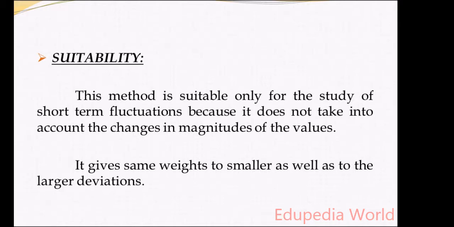Even now, of course, it doesn't give you an answer equal to that of Karl Pearson's coefficient of correlation or Spearman's rank correlation, but it gives an idea whether the correlation is positive or negative, and what the magnitude of the correlation is, whether it is moderate, very high, or very low.